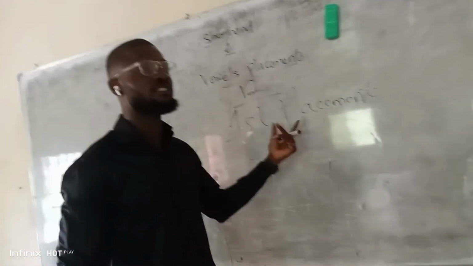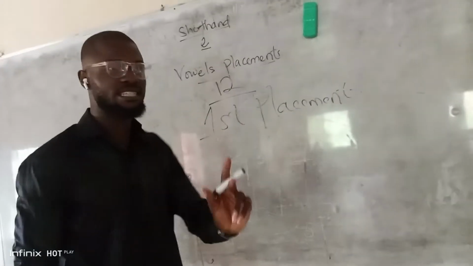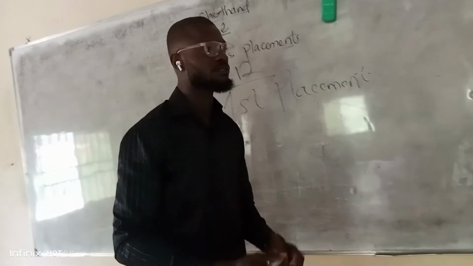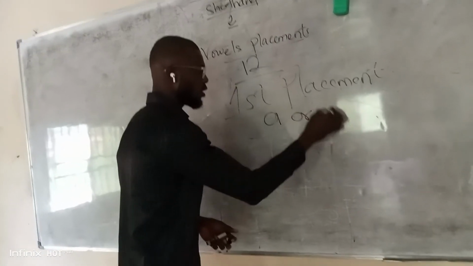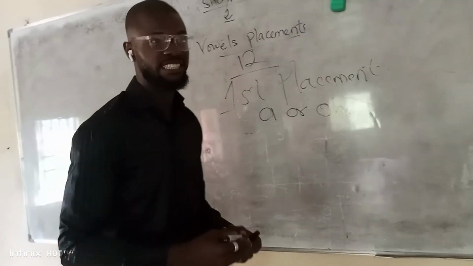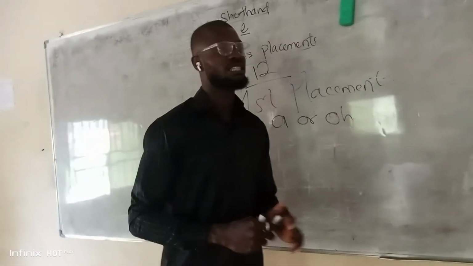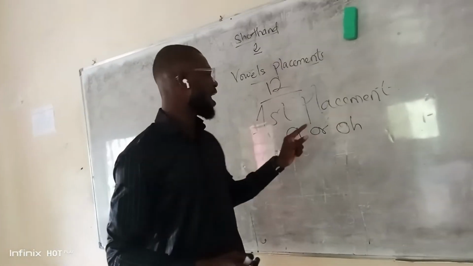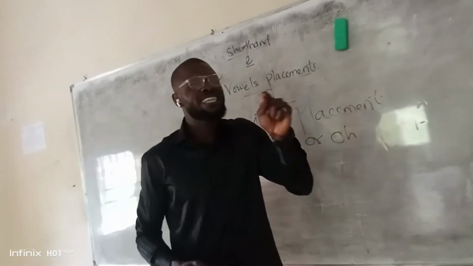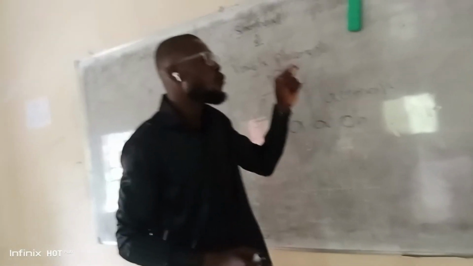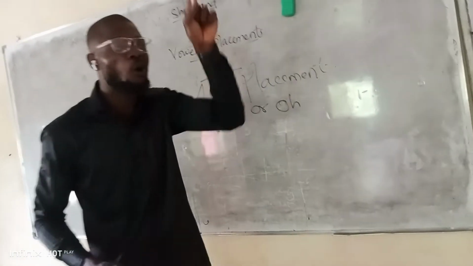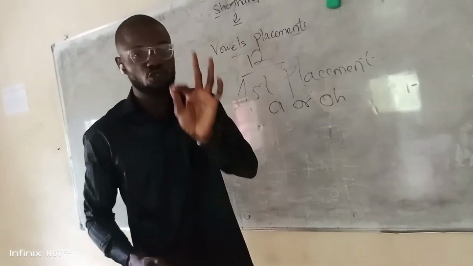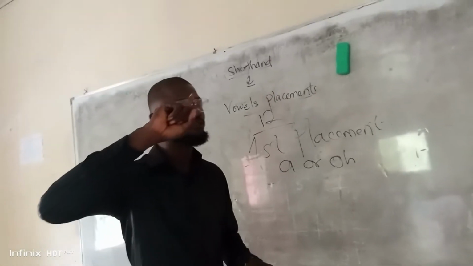Now, the rule of the first placement is this. Whenever a or o is heard in a word, that is, whenever a or o appears to be the first vowel sound in that word, the first consonant stroke will be above the line.